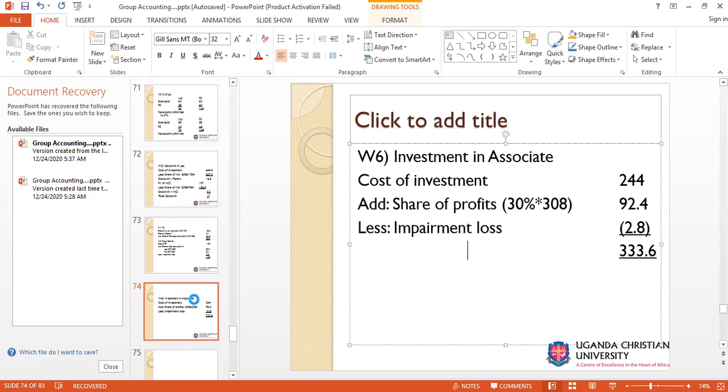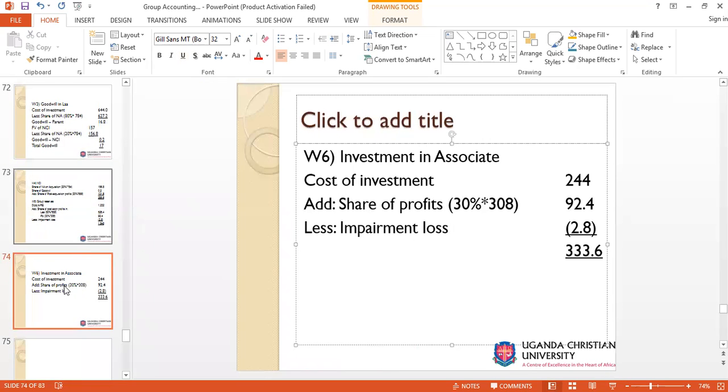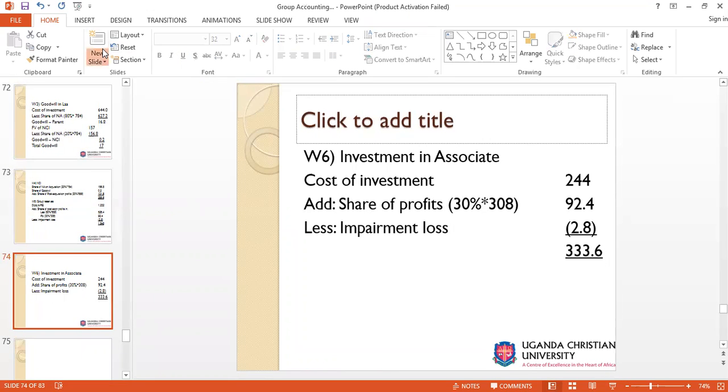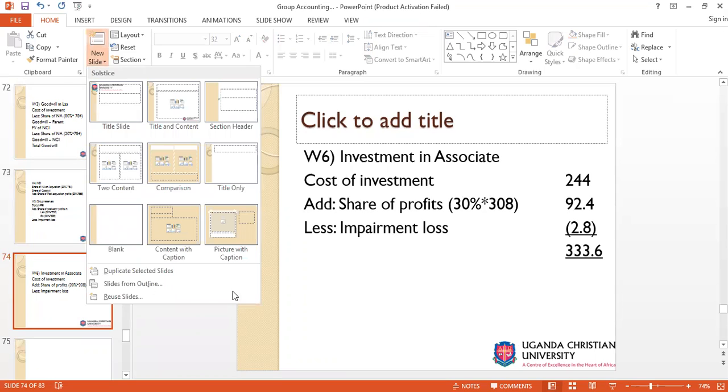After that, we go and prepare the consolidated statement of financial position.